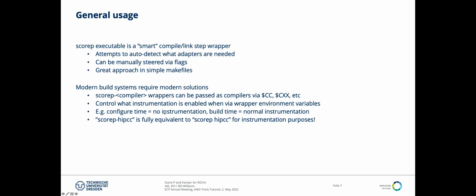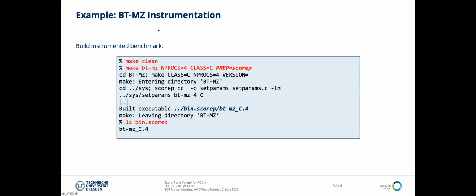And what this means is that if you have a HIP build of SCORE-P, scorep-hipcc is fully equivalent to scorep hipcc. We have a wrapper that just works most of the time. So a standard example we like to give here is this BT-MZ benchmark from the NAS parallel benchmark suite.